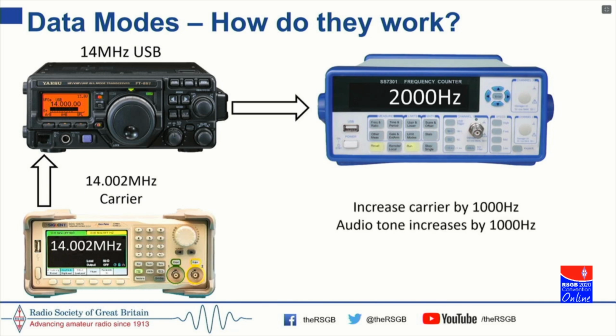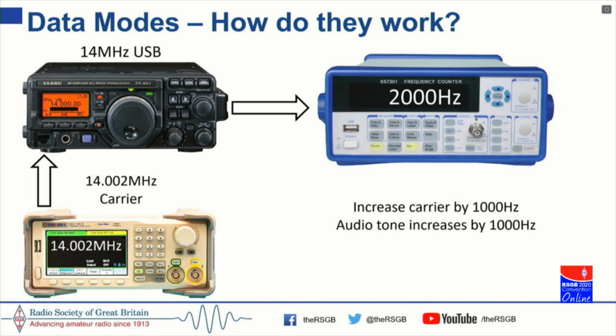So what you can see there is right the way through the chain, from audio to audio at each end, whatever carrier change we make at the audio on the send end comes out at the other end. Now that might be stating the obvious, but often people tend to think differently with data modes, and you don't have to. It really is as simple as that.